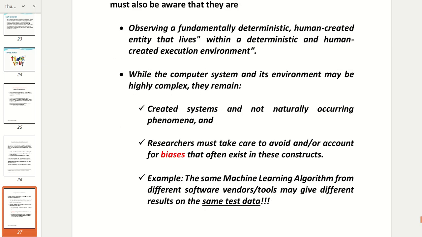An example that I give is that the same machine learning algorithm from different software vendors or from different tools may give different results on the same test data. Okay, so you use a clustering algorithm in MATLAB that gives you maybe 7 different clusters for that particular data using the same seed. For clustering in RStudio, the same data set may give you around 10 different clusters.